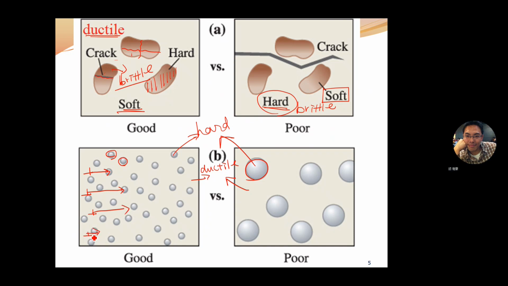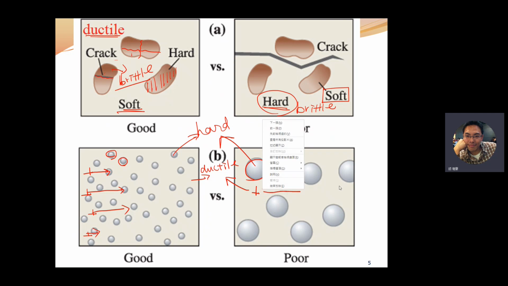If the dispersed phase particle size is larger, what is going to happen from the dislocation movement point of view? For example, I have an edge dislocation here. There is nothing to stop me, I will keep moving.